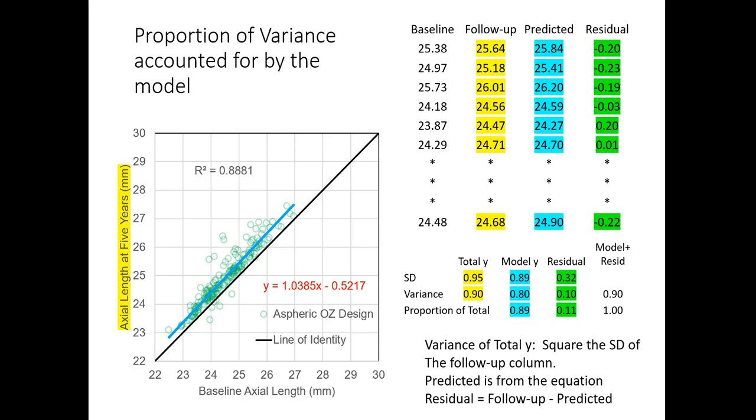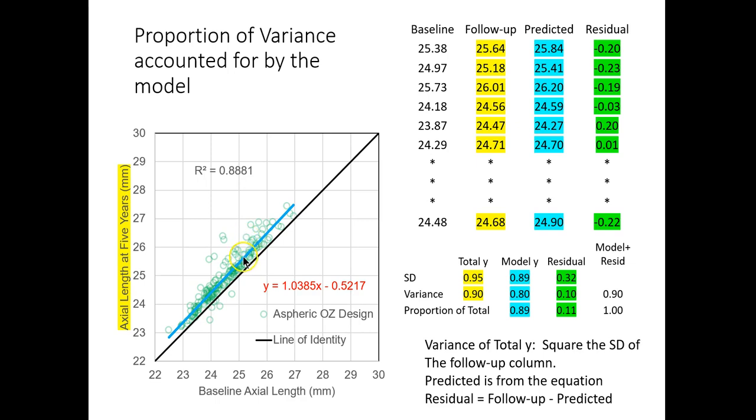And not to beat a dead horse, but I want to again show you here our baseline values: 25.38, 24.97, you know, it's right in there, and so forth. And then the yellow is the actual value. So your baseline was 25.38. If we come up here, we're going to find an actual one of these points.